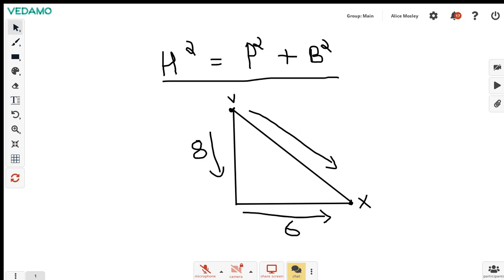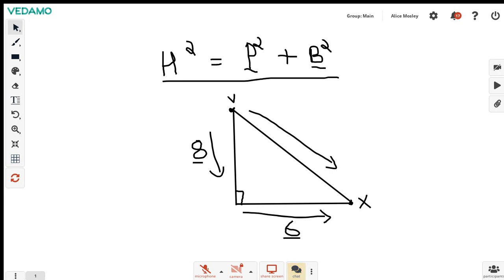Now I don't know how much this road is, the one which goes directly from V to X. I don't know the length of this road. So I want to find the length of this road. So I use this formula because I know the value of perpendicular and I know the value of base, which is 6.